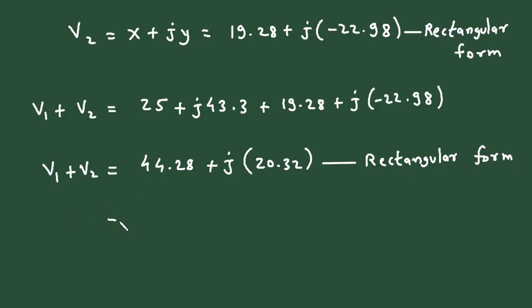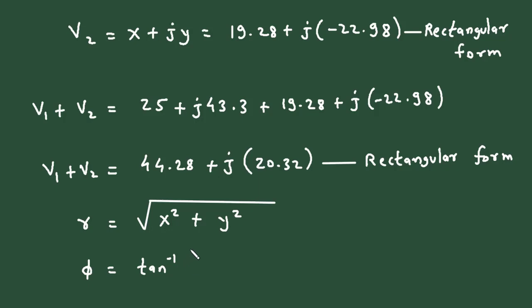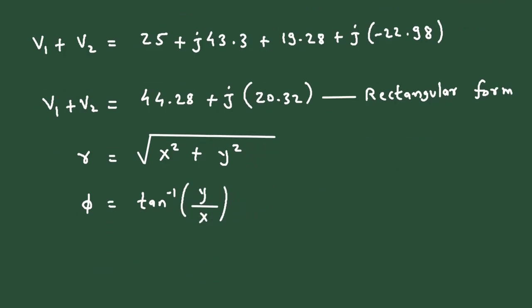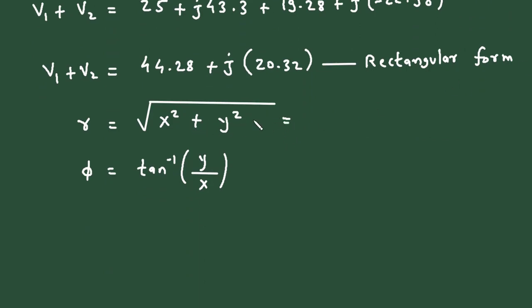Now to convert rectangular form to polar form, we can use this formula. R is equal to under root of x square plus y square, and phi is equal to tan inverse of y by x. Here this is the value of x and this is the value of y.